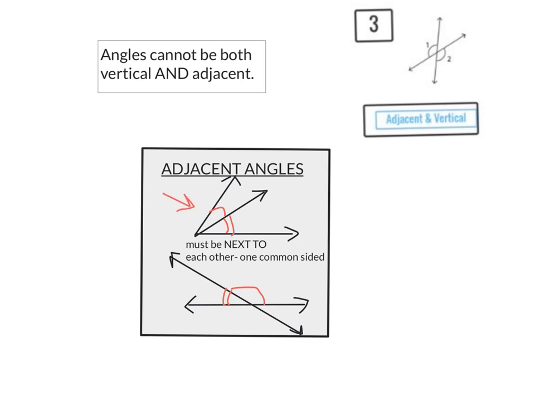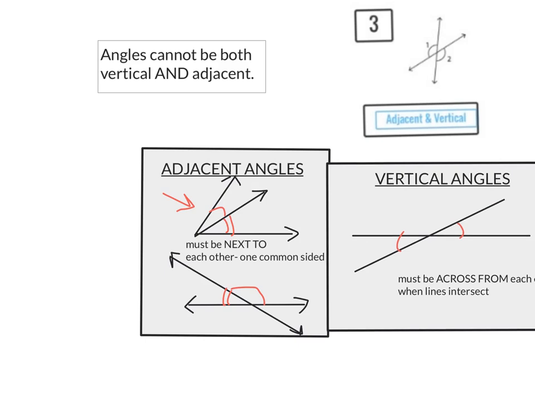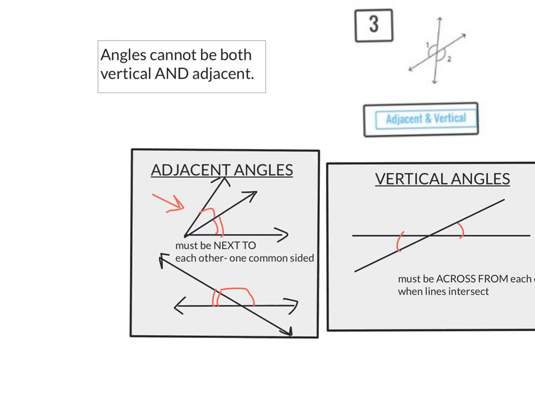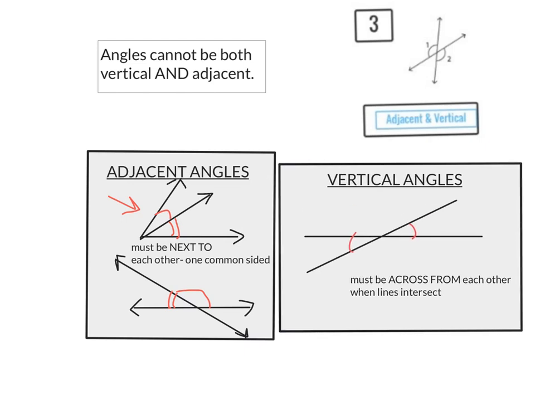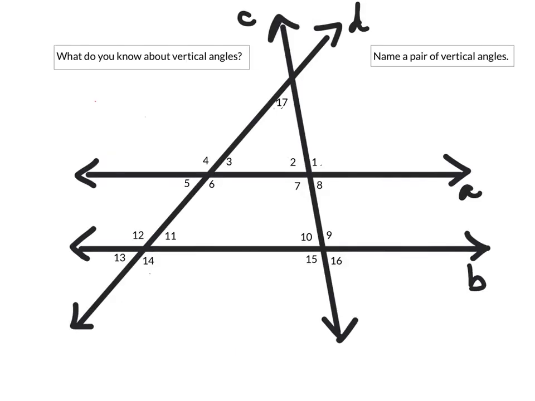And vertical angles are angles in which the angles are across from one another when two lines intersect. So looking at these two descriptions, you cannot have them both. So I just wanted to clear that up.